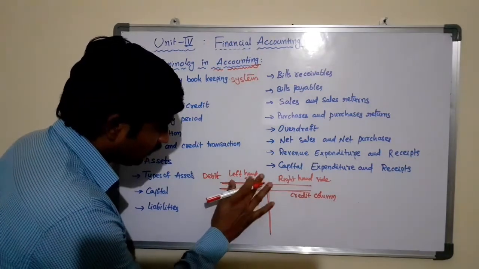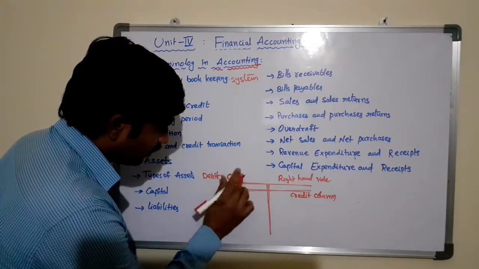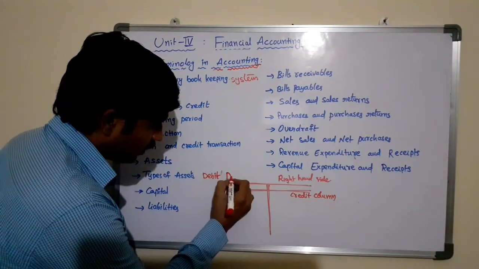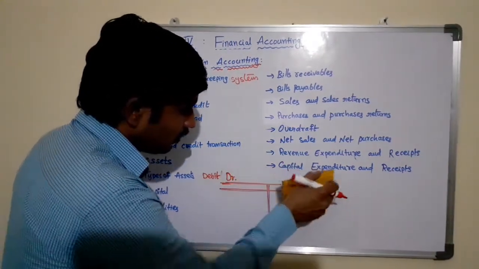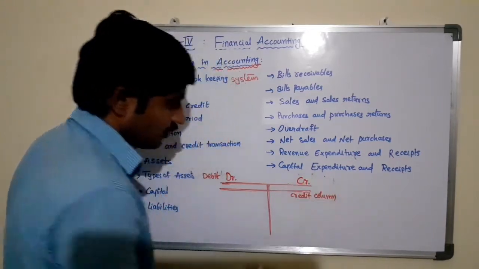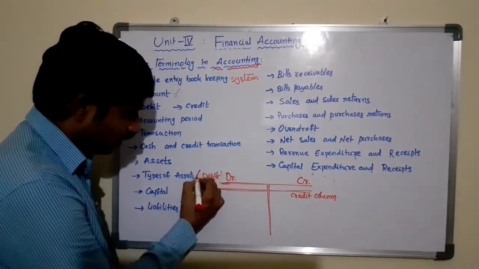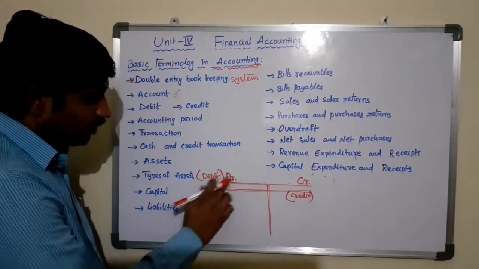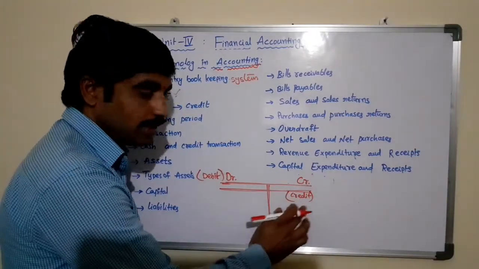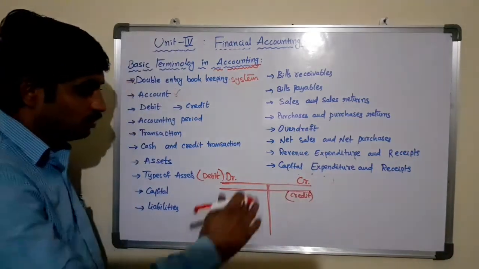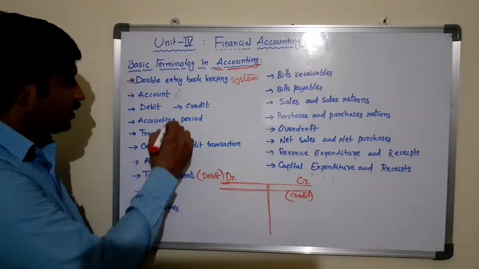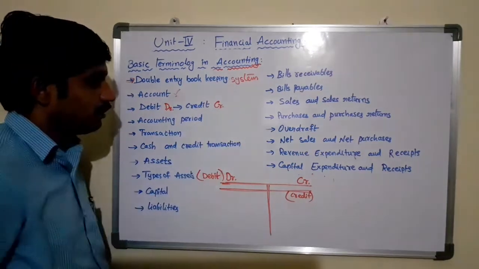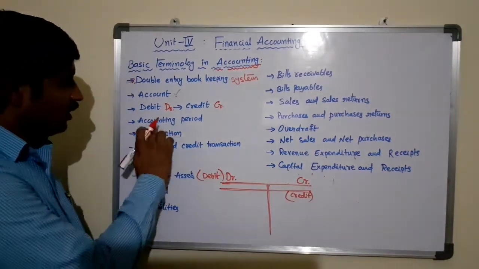Debit is denoted by capital D small r, Dr, and credit is denoted by capital C small r, Cr, in the account, on the left and right hand sides respectively. Next, accounting period.